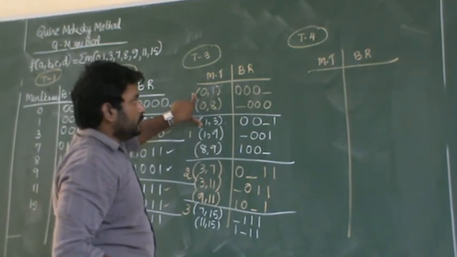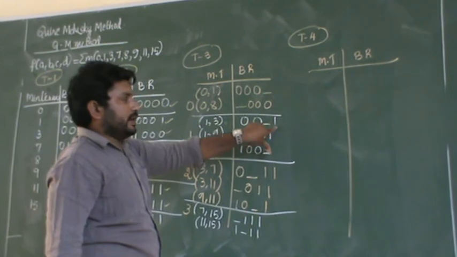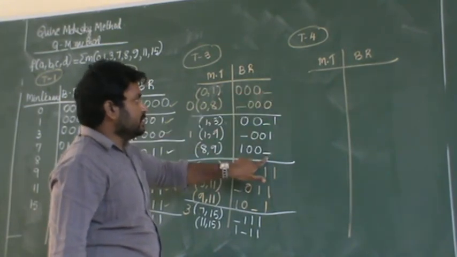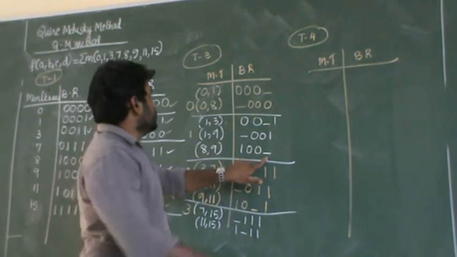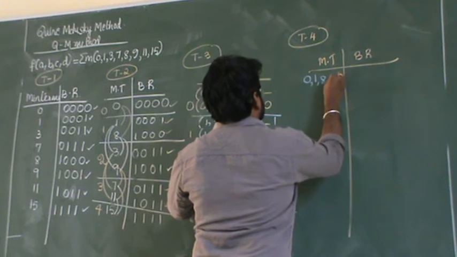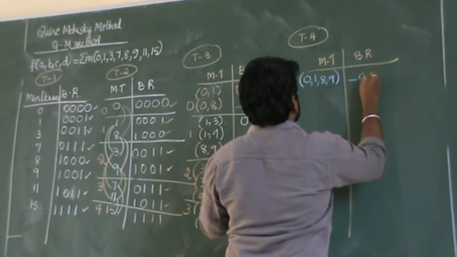Is it possible? No. See here, the last position is dash and the other last position is 1, I cannot compare it. Is there any with dash in the last position? Yes. So can I compare this? Yes. 0 1 8 9. If I compare, we are getting dash double 0 dash.